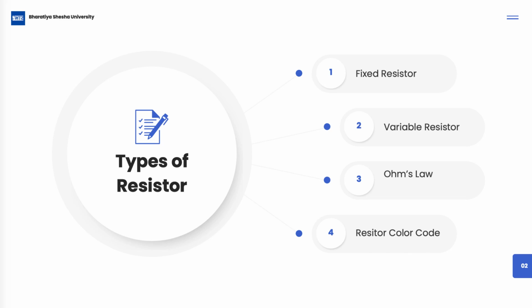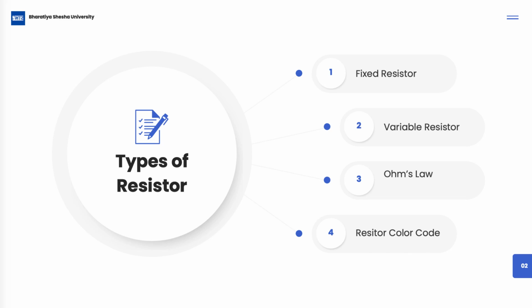There are two major types of resistors. First is a fixed resistor, and then we also have a variable resistor. A fixed resistor has a constant resistance value. The common types include carbon film, metal film, and wire wound resistors.